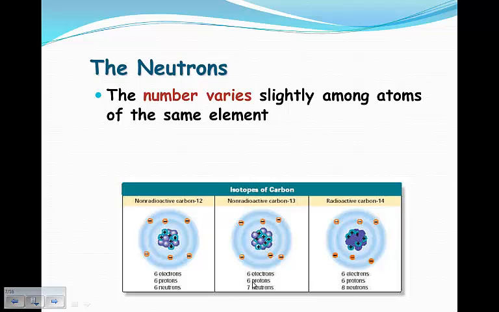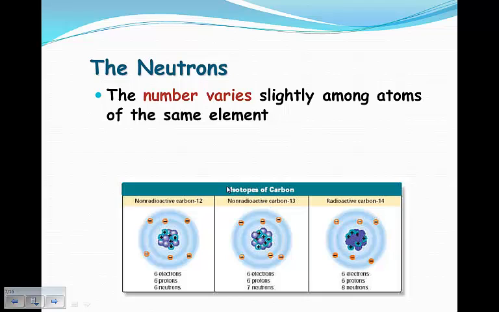Notice each one of these, whether it's carbon 12, carbon 13, or carbon 14, has 6 protons and 6 electrons. So your protons are going to equal your electrons. We're keeping it carbon, so our atomic number stays the same, but our neutrons can vary.